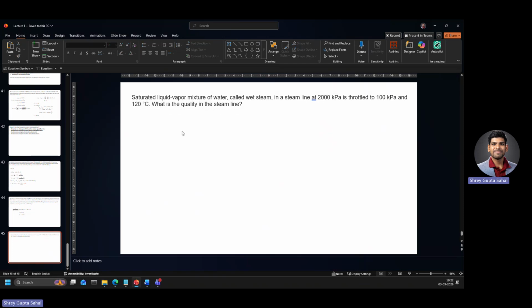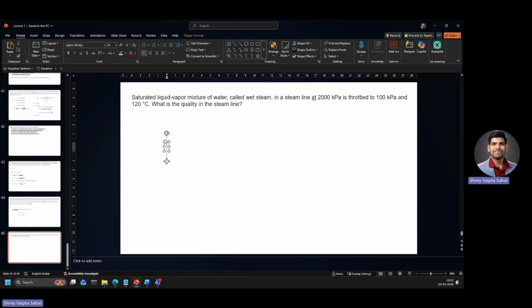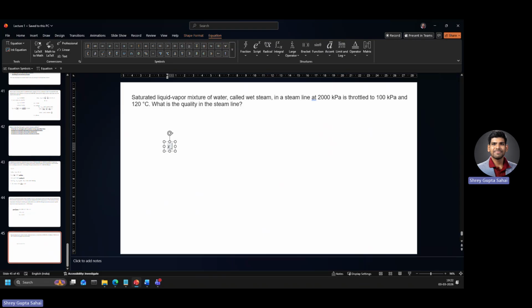At the outlet, I assume. This is saturated. So one thing is, it is told to us that X inlet is 1. Okay, saturated liquid vapor mixture is 1. And then your inlet pressure is known to you, and then it throttles to some lower pressure.